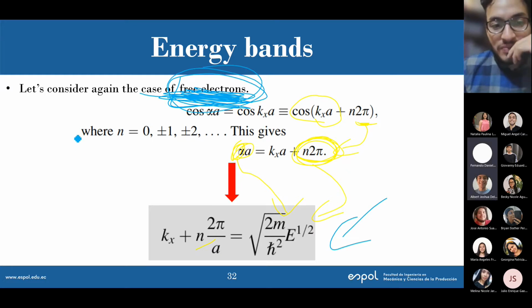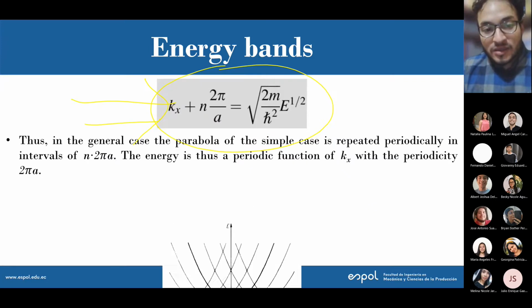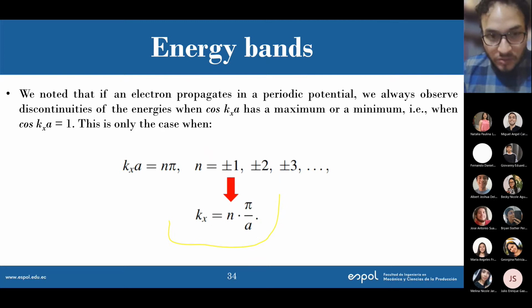Free electrons. The electrons can move to the negative and the positive side. Yes, free electrons. Remember, what happens in free electrons? Energy continuum. No gaps. All possible values of energy are allowed. So this is for energy bands.